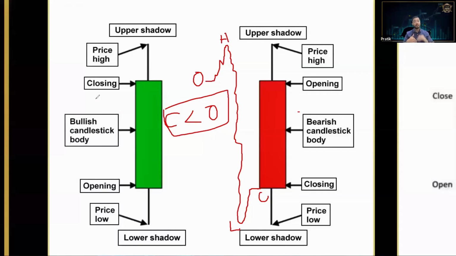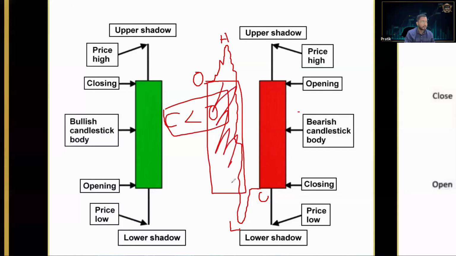If the closing price is below the opening price, it's a bearish day. Again, the difference between the open and close is the body of the candle. This is the upper wick, upper shadow, and this is the lower wick. Clear, everyone? Very simple.